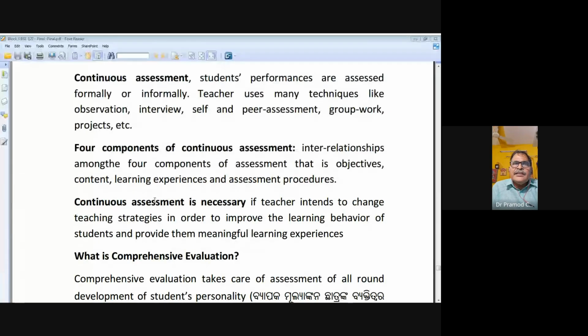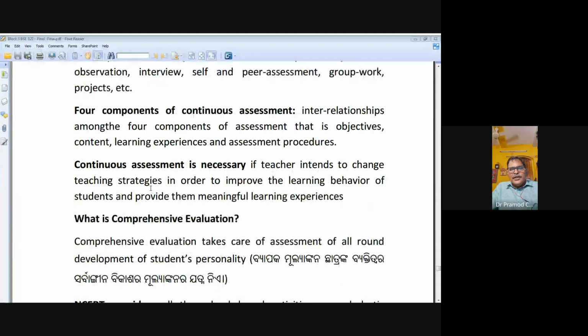Continuous assessment is essential, definitely. It improves the learning behavior of the children, and also it will provide the data regarding the meaningful learning experiences, because of how far the students are going to learn the subject matter.